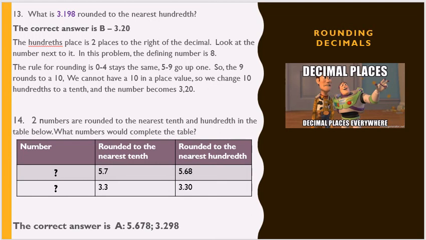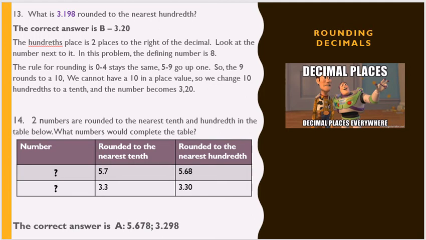In this problem, the defining number is 8. The rule for rounding is 0 to 4 stays the same. 5 to 9, you go up 1 and you end with a 0. So, in our number, the 9 rounds up, so it goes to a 10.